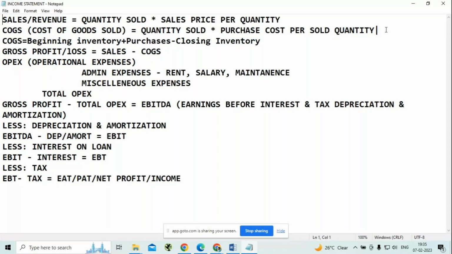So out of 20,000 worth of goods, 12,000 worth of goods have been sold, at 15,000 rupees. So here the sales or revenue amount is 15,000.